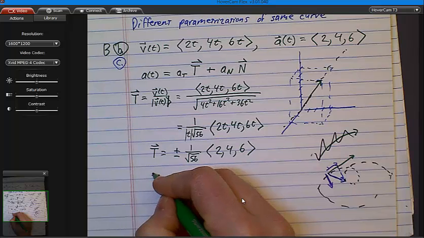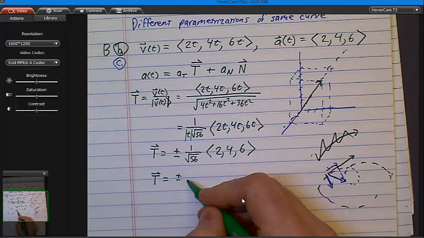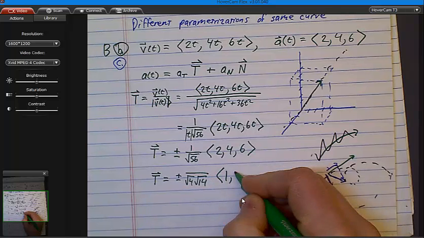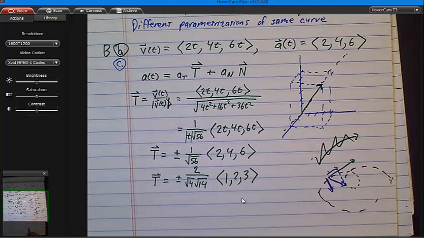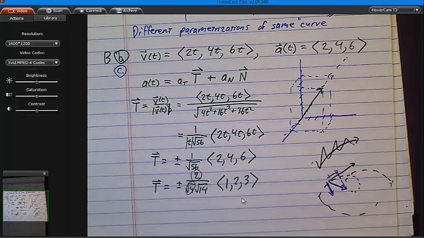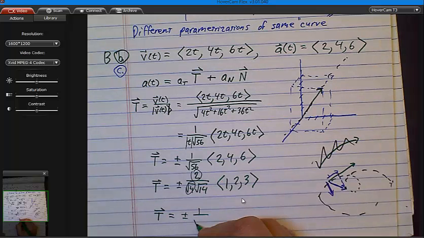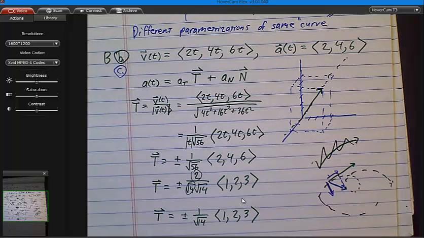This is 14 times 4. And I can take a 2 out of here, right? And then I can cancel. This is kind of like what Jimmy was asking about before, that other simplification I did. You guys remember that? So I'm getting that the unit tangent vector is plus or minus 1 over the square root of 14 times 1, 2, 3. Wow, okay.